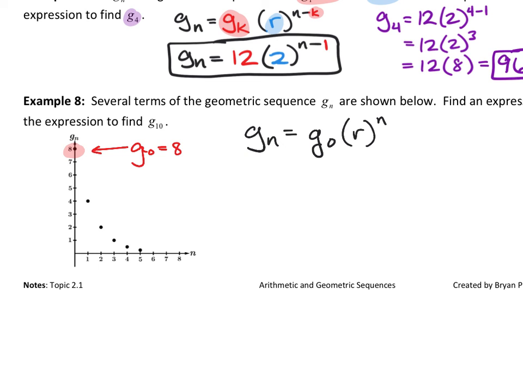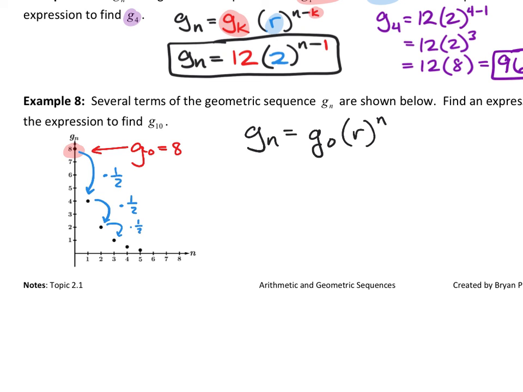Okay, now I just need to know how this pattern is changing. So if we look from 8 to 4, not using addition and subtraction this time, but using multiplication or division, which is multiplying by a fraction, what's happening here? Times a half. Thank you for saying times a half. And if we go from 4 to 2, again, times a half. And then 2 to 1, times a half.